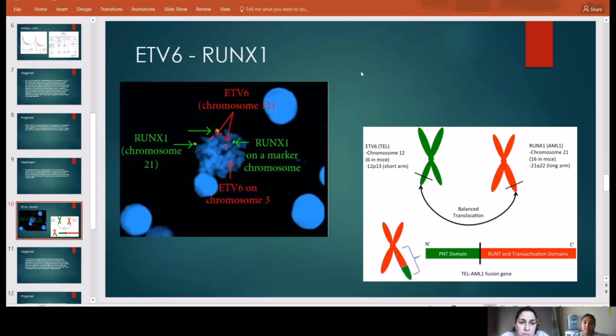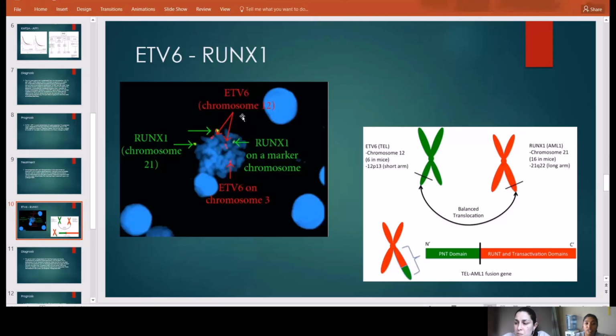The ETV6 RUNX1 gene is one of the positive gene arrangements when diagnosed with leukemia, because this gene has more favorable conditions rather than the others. This gene is detected by FISH, fluorescence in situ hybridization, and as you can see, you can clearly see which chromosome it's on.